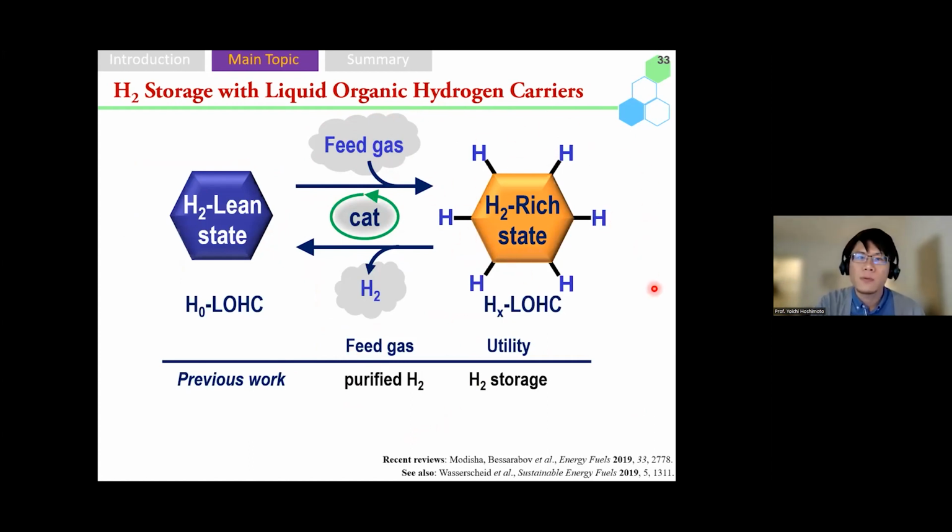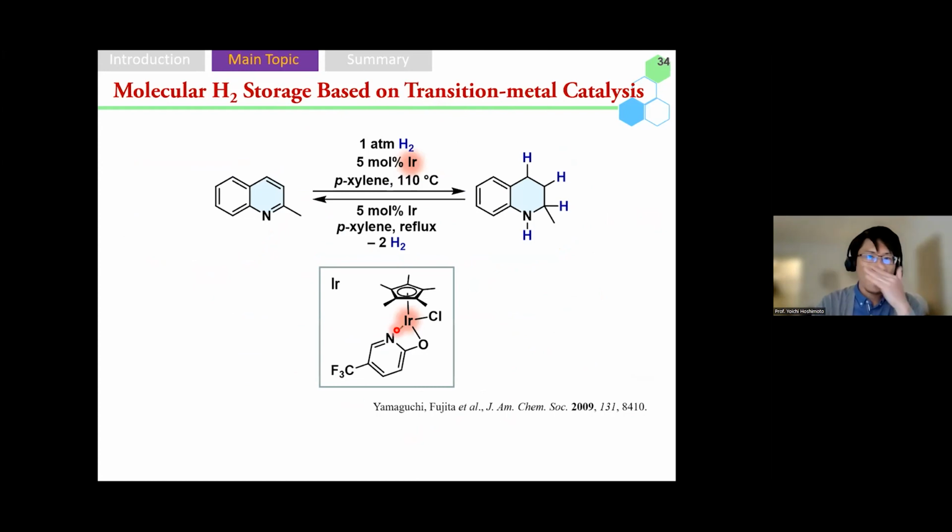These products can be applied for the storage and transportation of H2, and dehydrogenation regenerates the unsaturated molecules and H2 again. As an example of homogeneous catalysis, Yamaguchi and Fujita reported the hydrogenation of 2-methylquinoline in the presence of purified hydrogen and subsequent dehydrogenation from tetrahydroquinoline using this iridium catalyst.